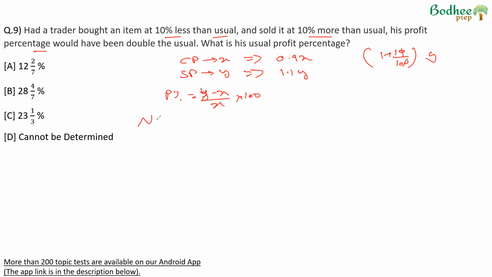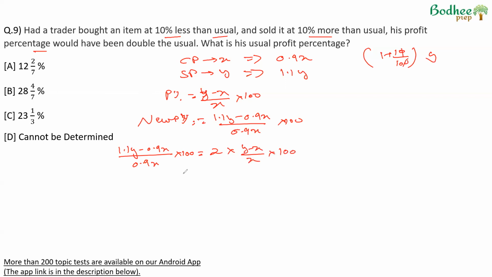So the new profit percent will be (1.1y minus 0.9x) upon 0.9x into 100. The new profit percent is double the usual profit percent.